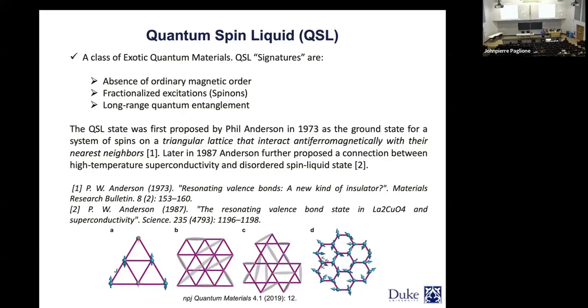So it's beautiful, the theory is phenomenal, but I would like to draw your attention to the fact that the very first signature of a quantum spin liquid is a lack of something. You're not going to have an ordered state, right? But that can complicate things, because if your system doesn't show long-range magnetic order, it can be a quantum spin liquid because it checks out the first priority.